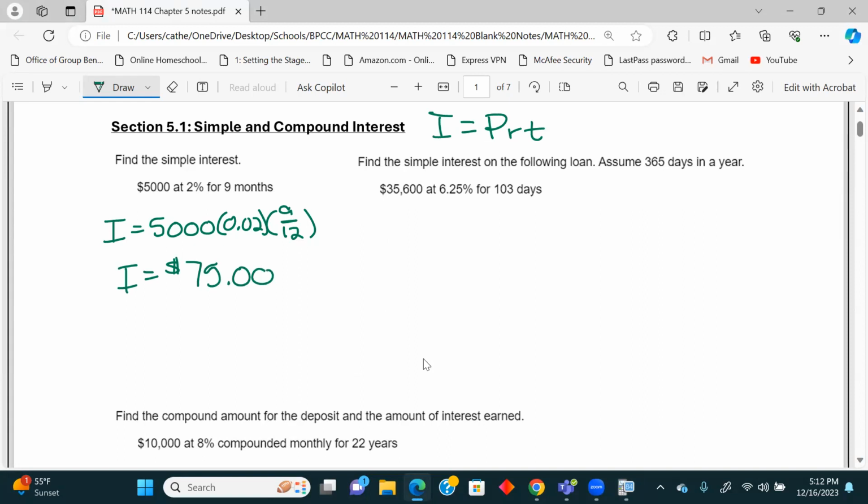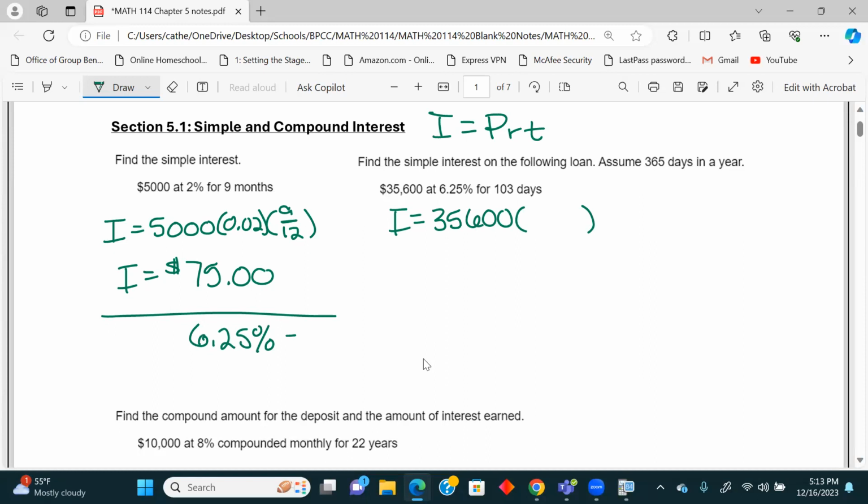When we're dealing with money, they're going to ask you to round to the nearest cent. It's going to be 2 decimal places. Find the simple interest on the following loan, assuming there are 365 days in a year. So the loan is the 35,600, so that is our P. All right, and our interest rate, and I'll do a little scratch work, 6.25%.